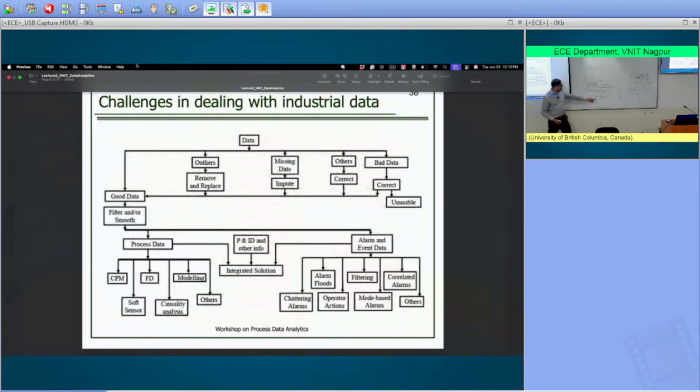You add some noise to it, then you get your real measurement. This is the true value of your variable. This is some noise. All the measurements you're getting are these noisy measurements. But if you want to know the true value, you have to figure out a way to eliminate this noise. Right?